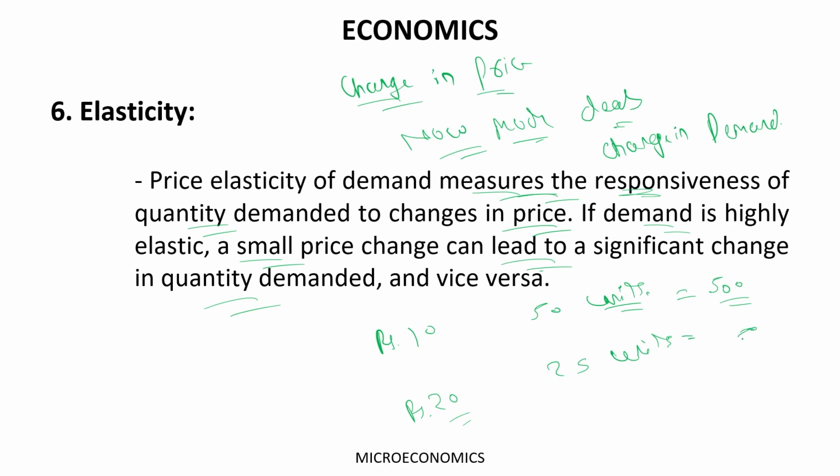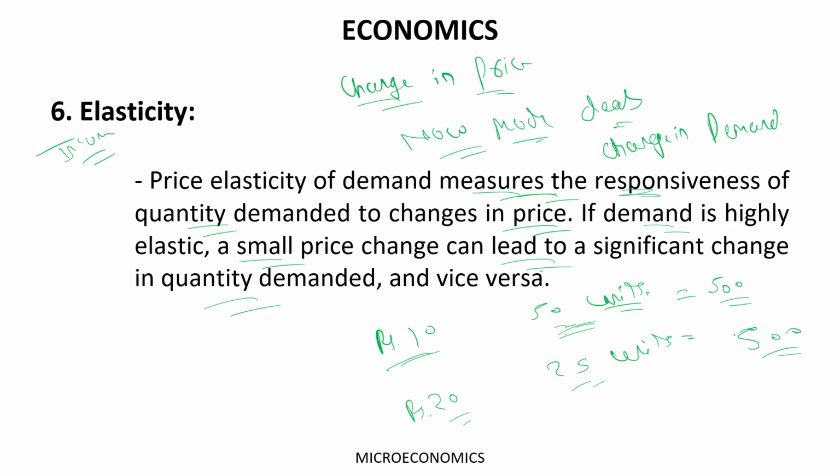So I have to pay the same amount. Now you can say, only the price is rising, but my purchasing capacity due to my income is not rising. So I cannot afford to buy the same quantity I was buying previously. When the price was 10, I was buying 50. But now the price is 20, I cannot buy 50.